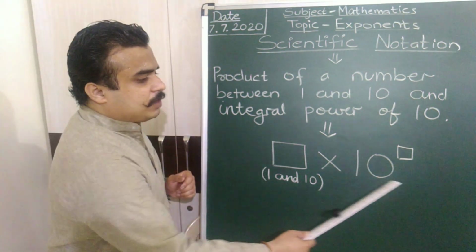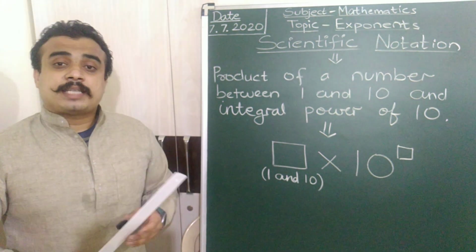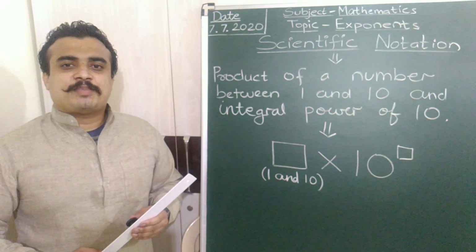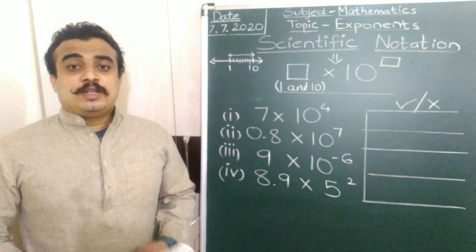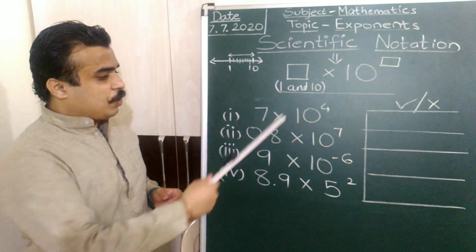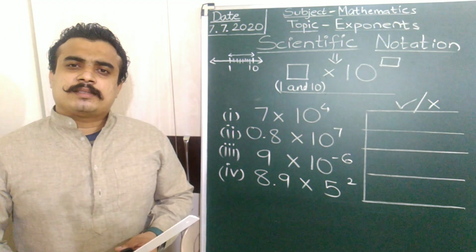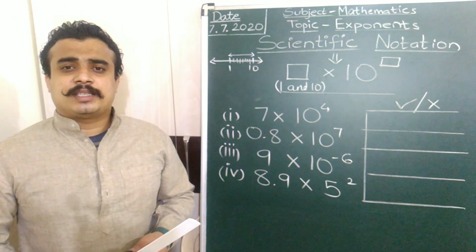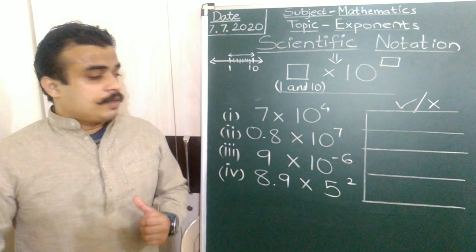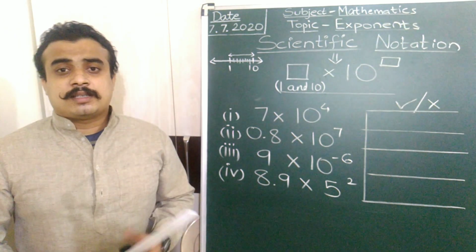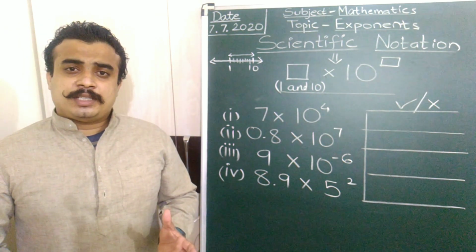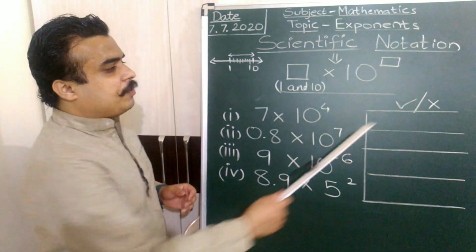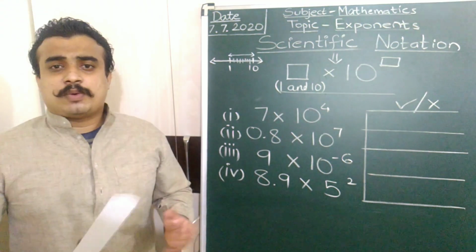With the help of this simple format for a scientific notation, we will understand the following examples. We will check whether the given notations are scientific notations or not, using a tick and a cross.